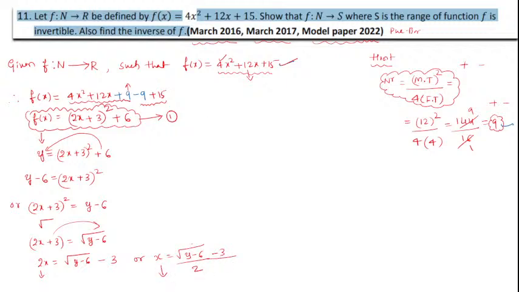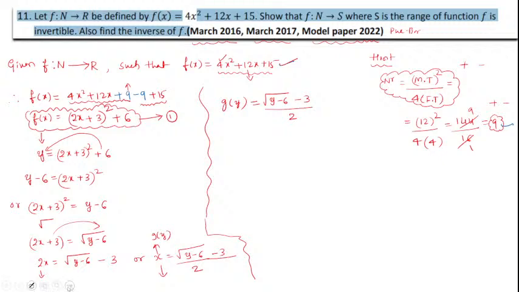After finding x, write that x as g of y. Clear? So x is equal to g of y. That is what your g of y becomes. So, back to the problem here, g of y is equal to root of y minus 6 minus 3, divided by 2.